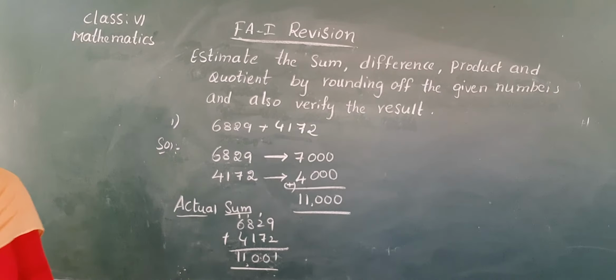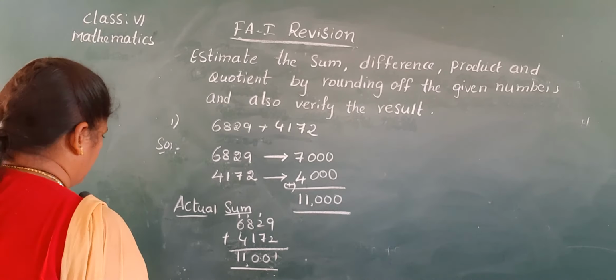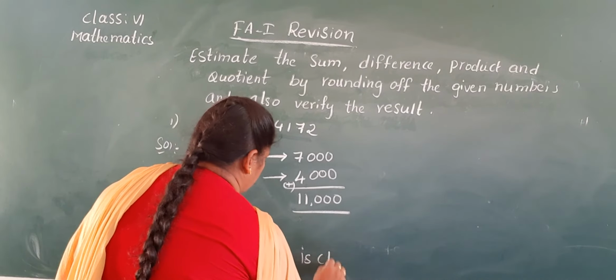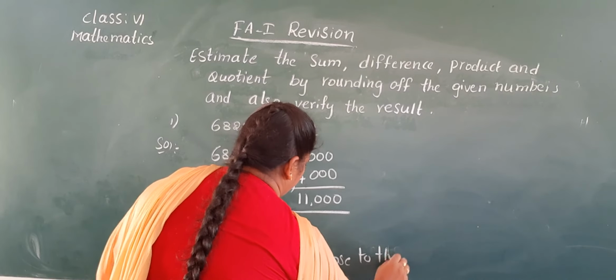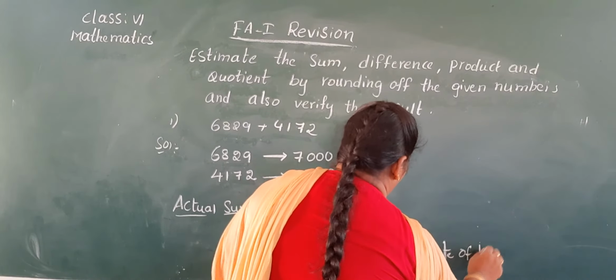Okay, ma? Note down. Next problem. So 11,001 is close to the estimate of 11,000.